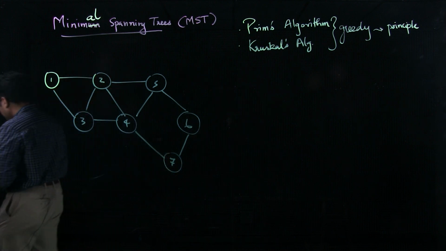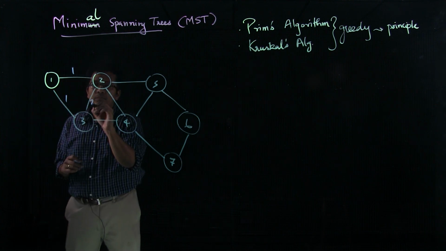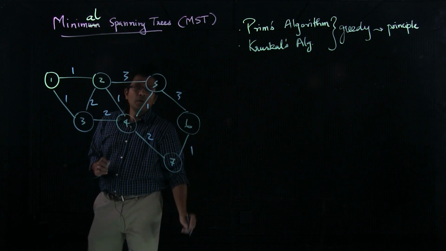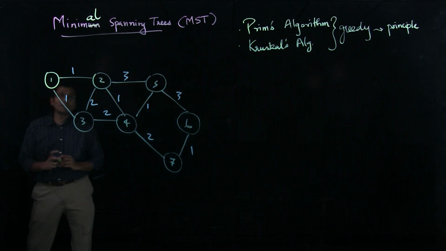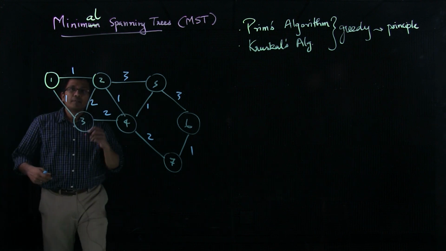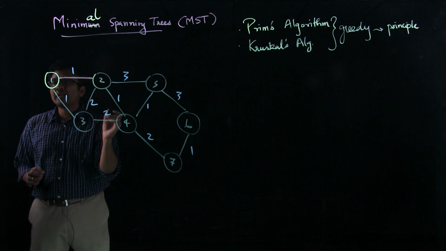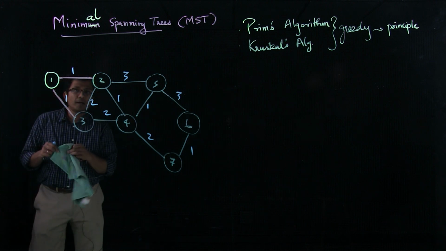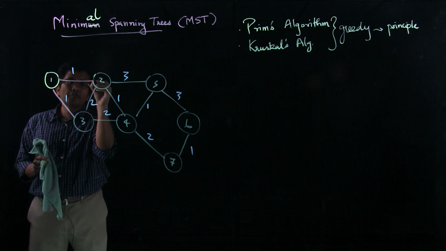All right, let's take an example. Let me put some weights, and let us figure out that we have a minimum spanning tree. Let me color the edges in the minimum spanning tree with pink. Every non-minimum spanning tree edge will still remain green. So 1 to 2 is going to be part of it.